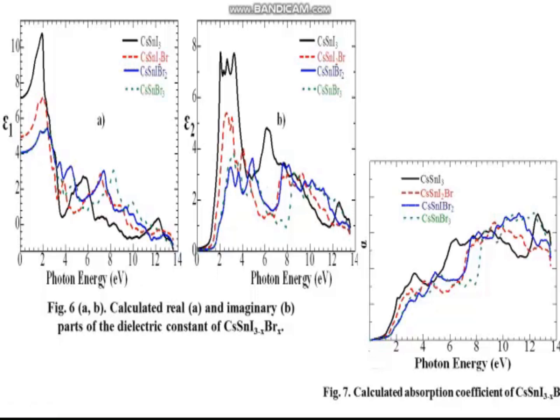Optical studies have shown that doping with bromine leads to an increase in the band gap, but the absorption capacity of these materials practically doesn't change. Figure 7: calculated optical absorption is strong evidence of absorption in the visible and infrared regions.